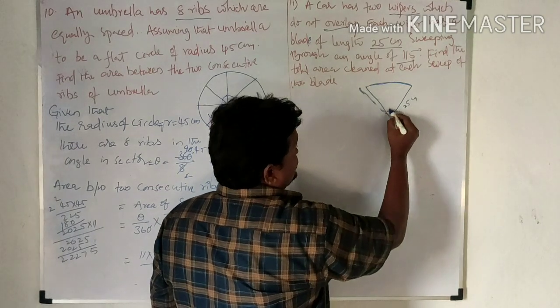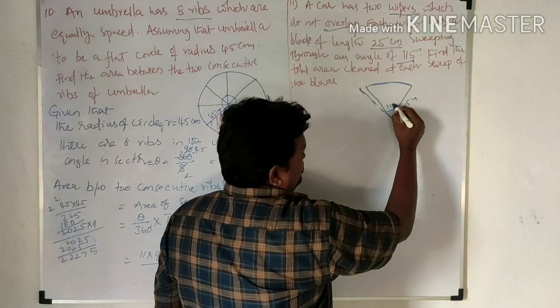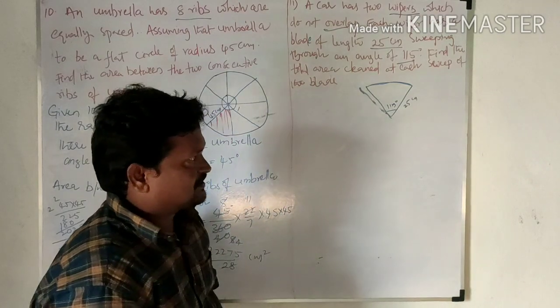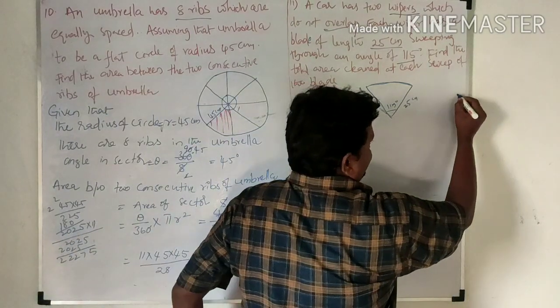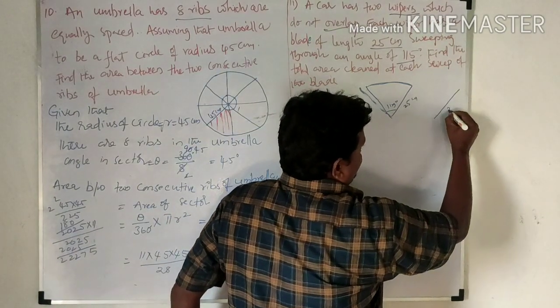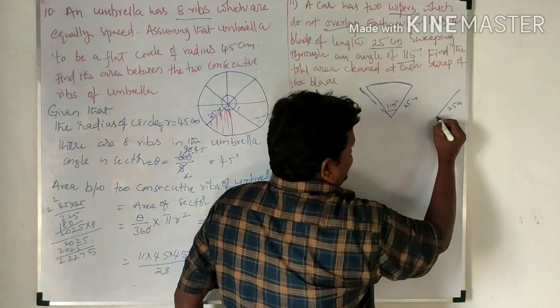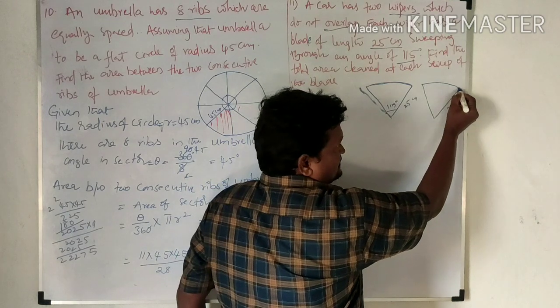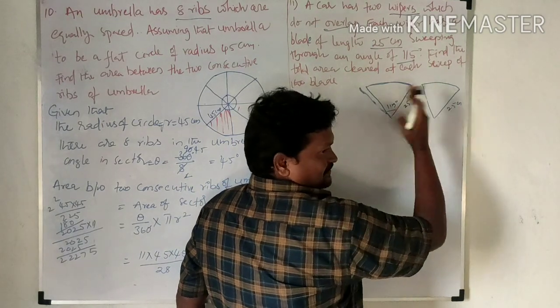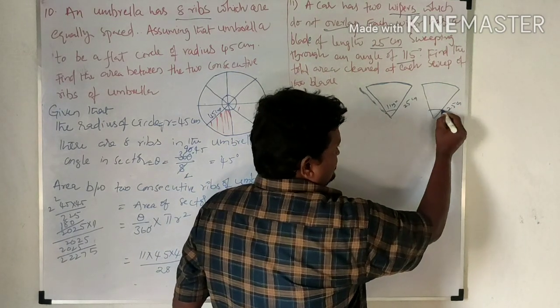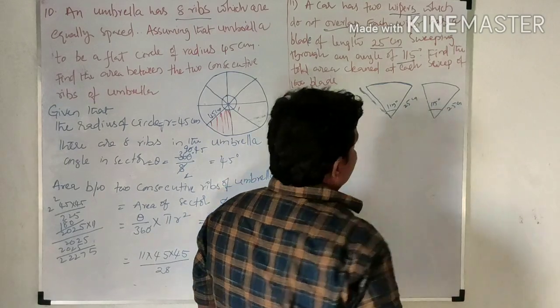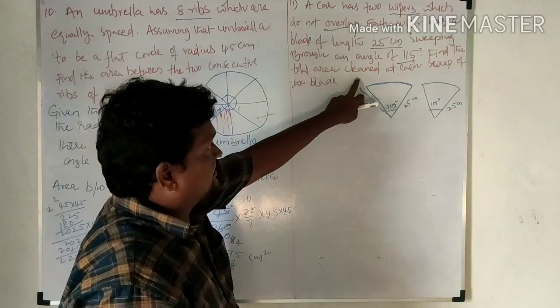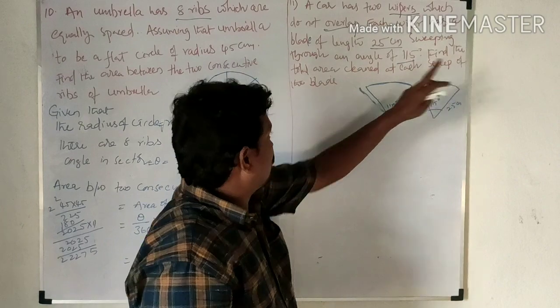Then one angle is formed, which is given as 115 degrees. This is one blade, and one more blade is there. This is also 25 centimeters in length, and it will also swipe and clean some area like this. So this much area they will clean, and here also it makes 115 degrees. Then find the cleaned area in each sweep of a blade.